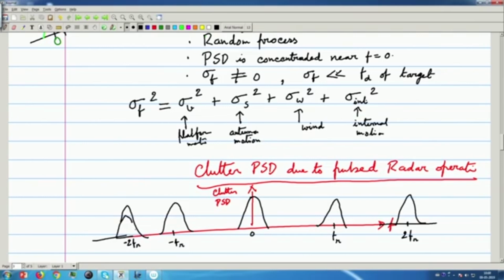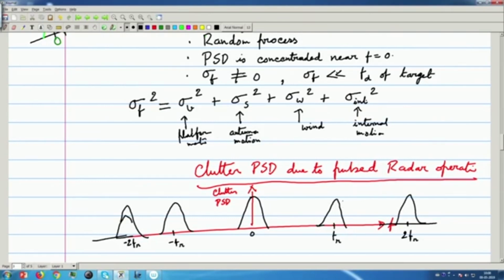Now, this periodicity, if we want to remove it, the problem is, due to this spread, suppose this is a zone where the target's echo spectrum may also be placed, and generally the clutters are much stronger than the echo in certain cases, and the whole pulse radar won't be able to see this.